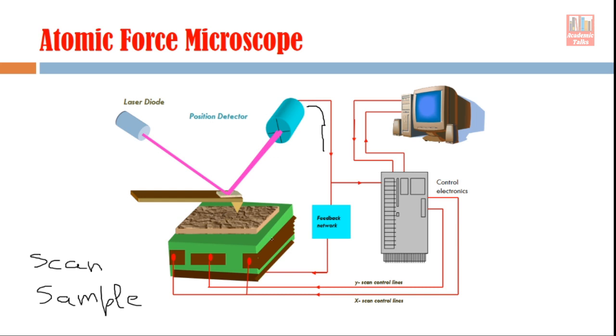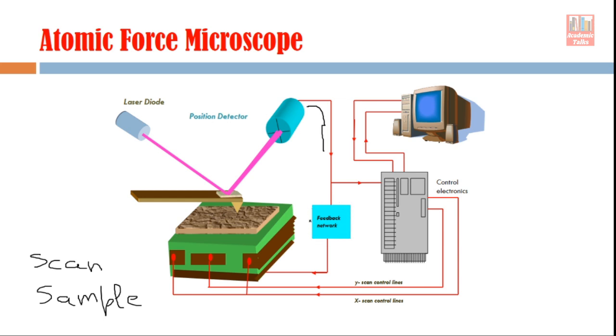So not only XY movement but Z movement is also implemented here on the sample holder, and for that this feedback network is there. That feedback network will decide how responsive this vertical movement setup will be. The signal generated from this detector is used to produce this feedback signal, right?